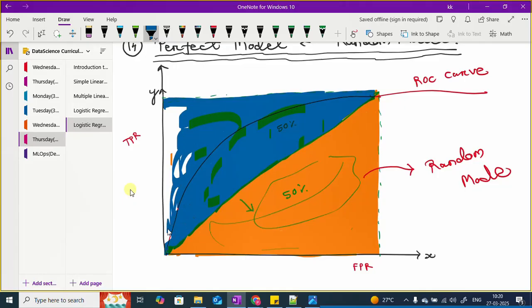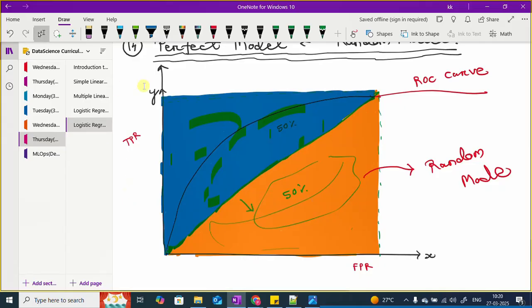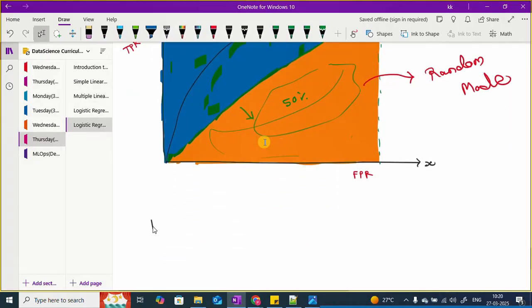Clear, guys? Any doubt so far? Clear. Now the entire thing, blue plus this orange, is called 100%, which is the example of both, the combination of the area covered by blue color plus orange color.